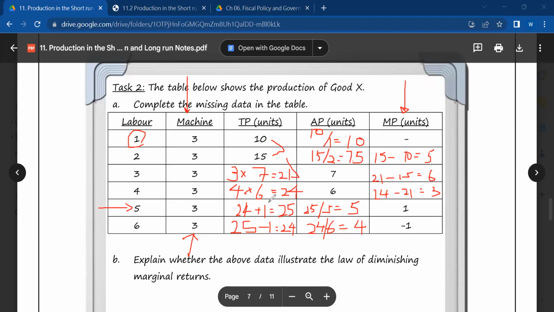Okay, next step, let's see whether the marginal product is decreasing. 5 increases to 6, and then decreases to 3, 1, minus 1.